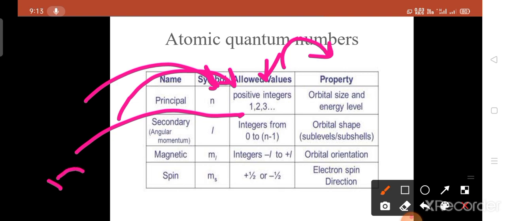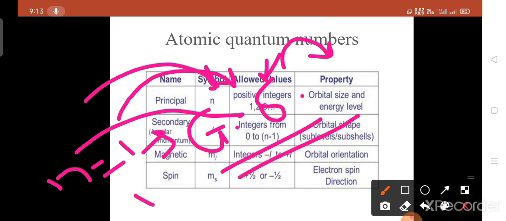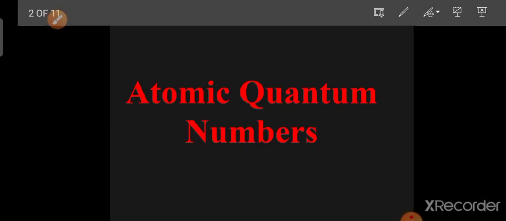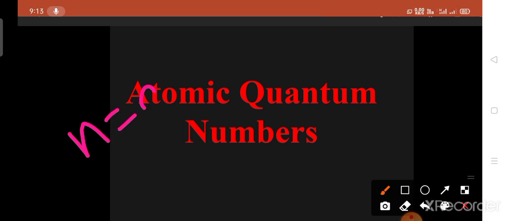When n is equal to 1, it denotes the lowest, innermost electron shell. Means what? It is the ground state. And when the value of n is equal to 2, it indicates the next electron shell of the atom. Means what? n equal to 2 is the excited state.